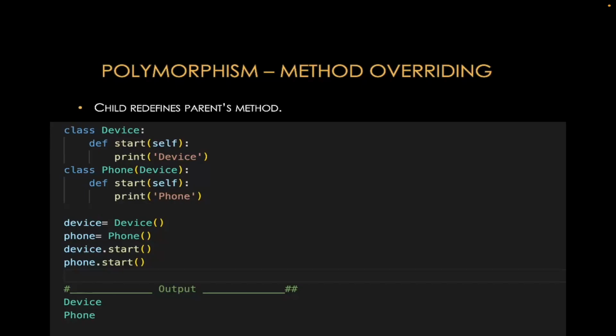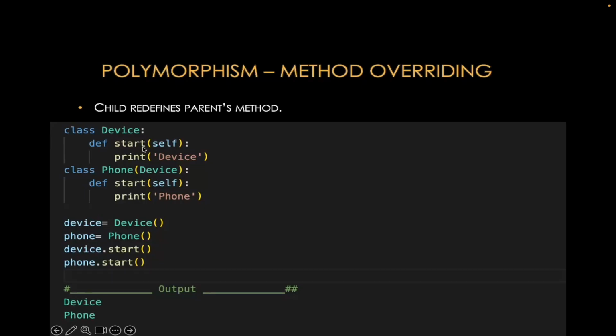Second one is method overriding. Method overriding means having the same method in both parent and child class, but the child class redefines the operation of the method. We can see there are two classes, device and phone. Phone is a child of device.